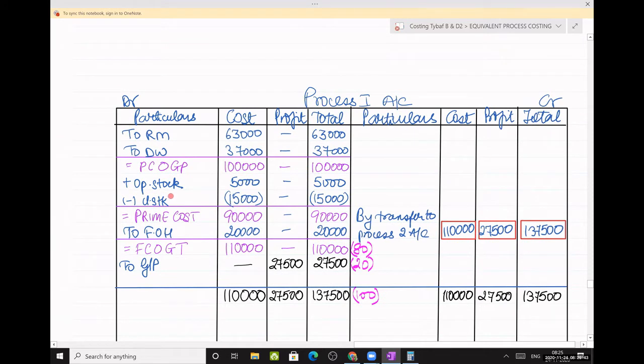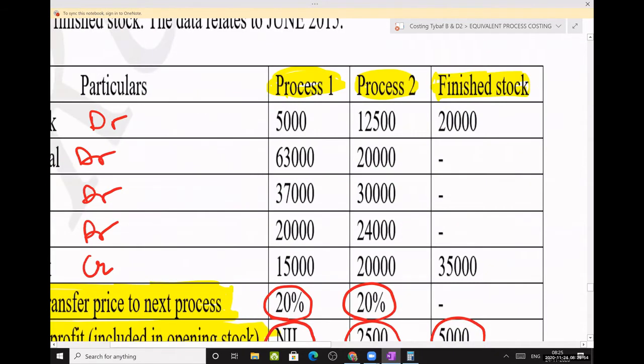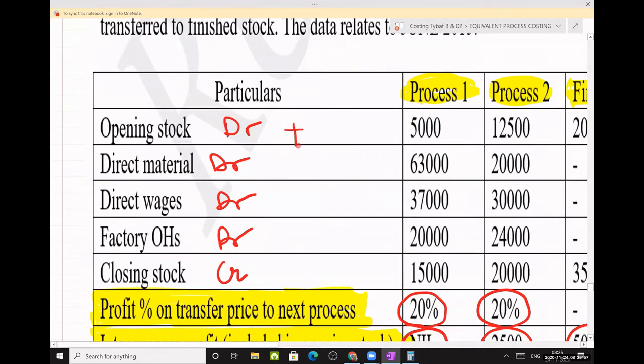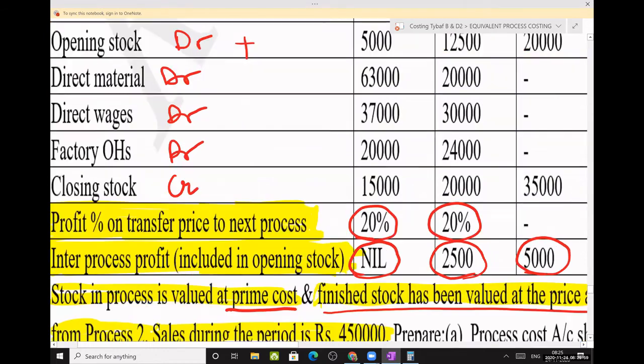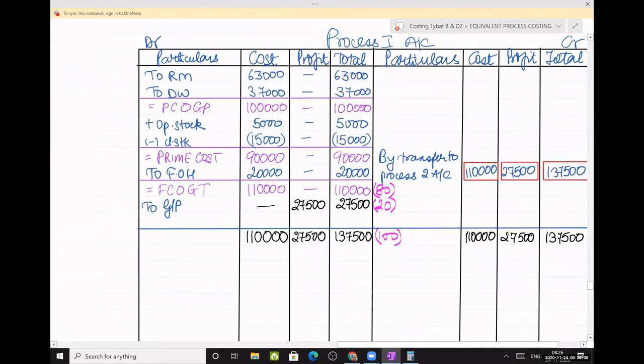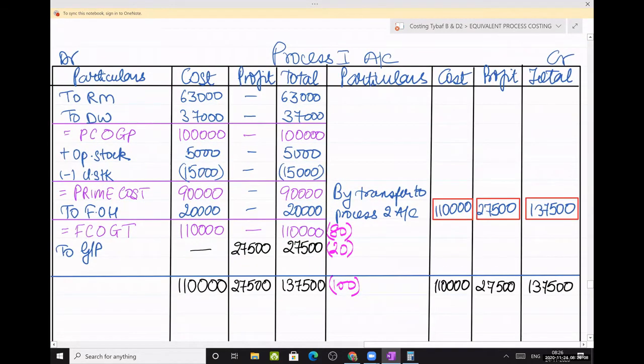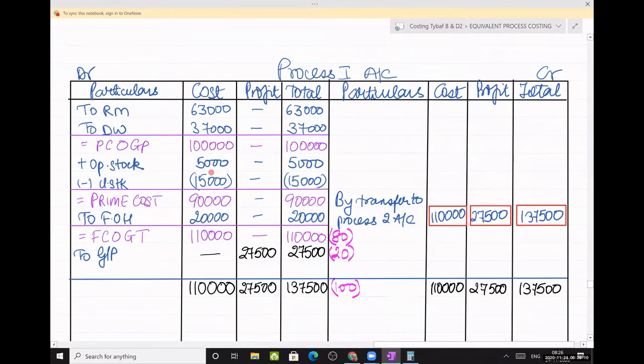Now see, opening stock is debit, meaning you are adding it. And closing stock, instead of writing on the credit side, I'm writing it in the debit side only, but I'm subtracting. So please pay attention to these minute details. So this I am adding, and closing stock I am subtracting. Opening stock is how much? 5,000. And they have said there is no element of profit, so nothing.